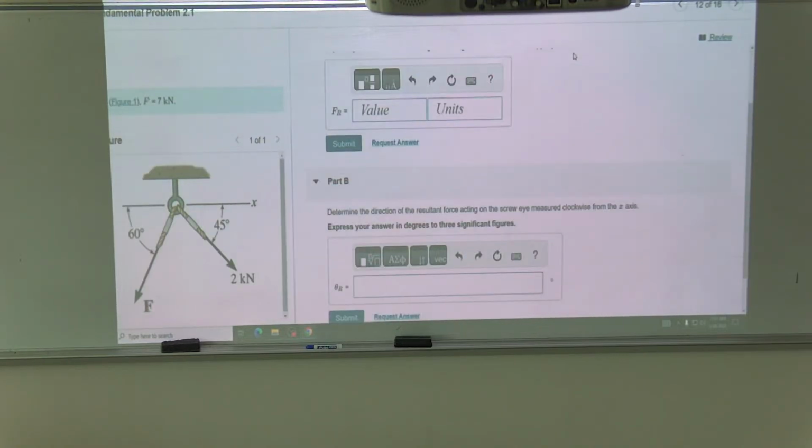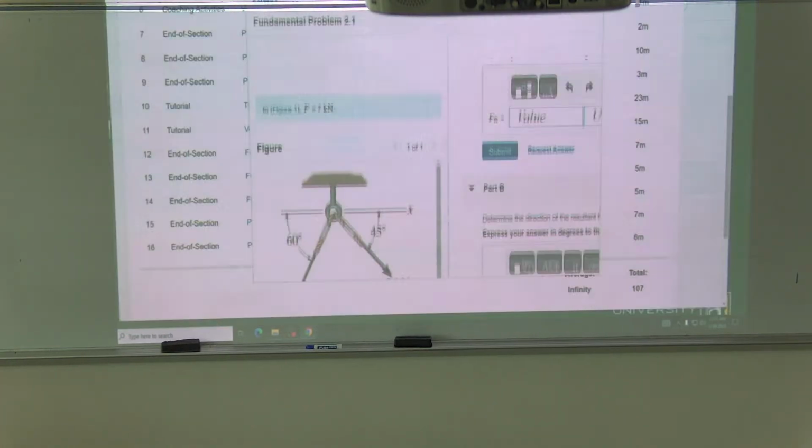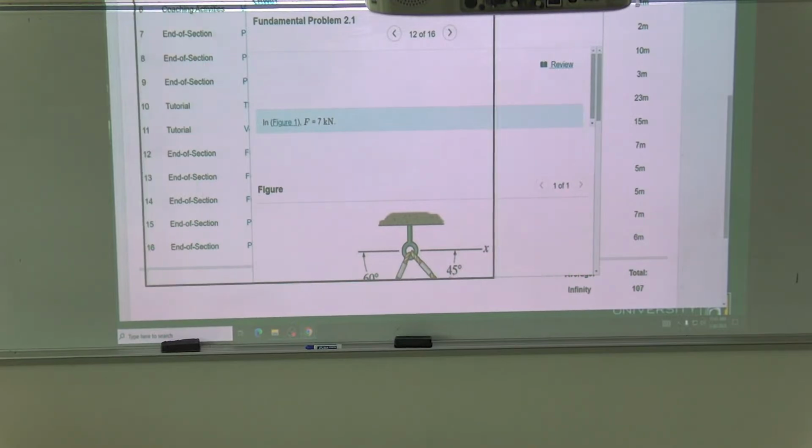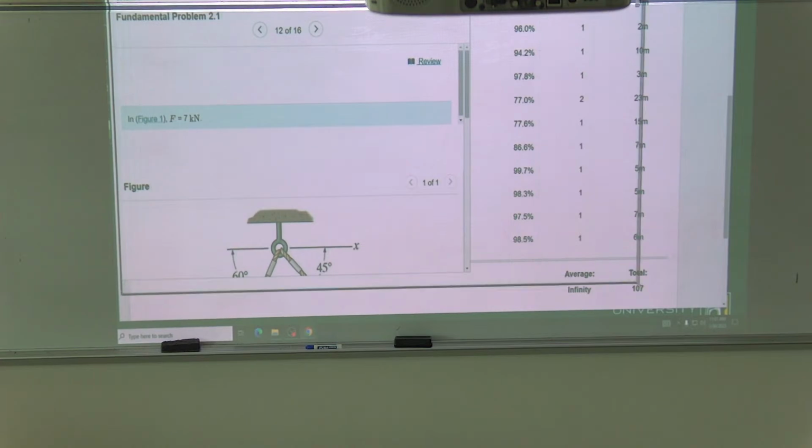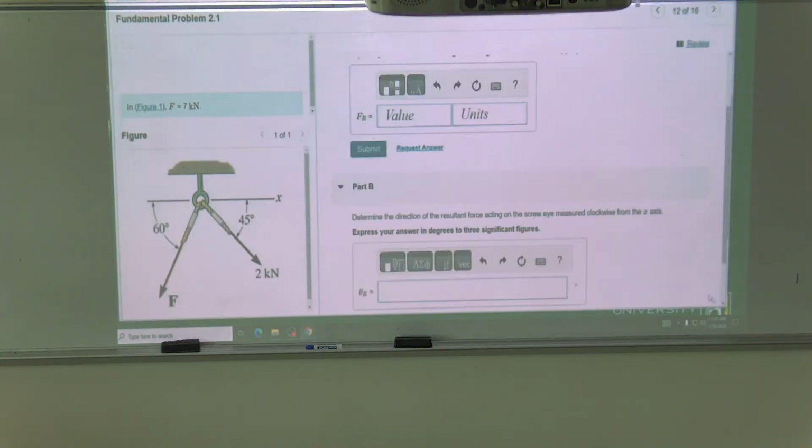So let's just poke around at this one. Okay, I can't make it go down, so part of it's not on the screen. There are two screens.